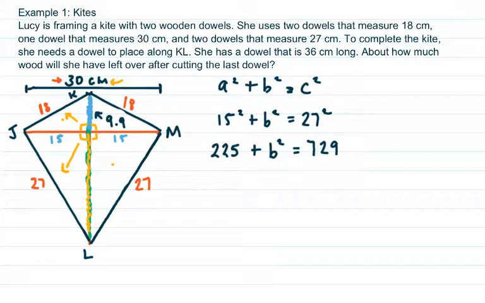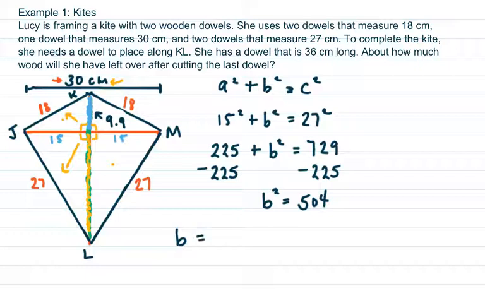Yeah. So then I will subtract 225 from both sides. So 729 minus 225 is b squared equals 504. So I remember that I want just b. So b equals something.